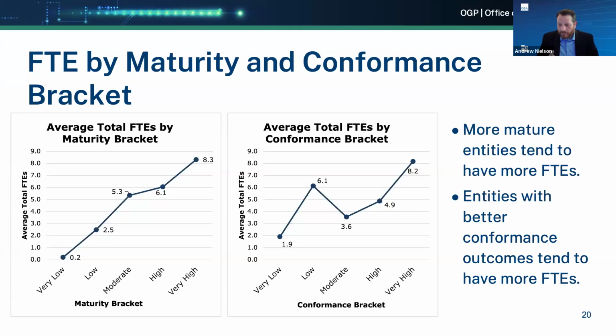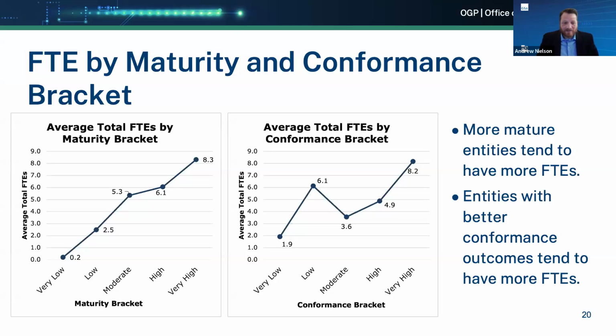Rounding up to, if we ignore the low category, 8.2 FTEs for those agencies that tend to have very high conformance. And the blip we see is 6.1 FTEs for the category of agencies that report low conformance. So on average, 6.1 FTEs.